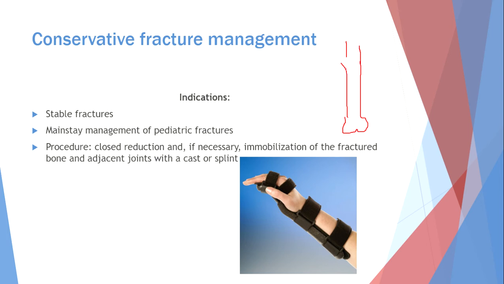Some part of the bone is splintered, but not all of the bone. Procedure: closed reduction, and, if necessary, immobilization of the fractured bone and adjacent joints with a cast or splint.